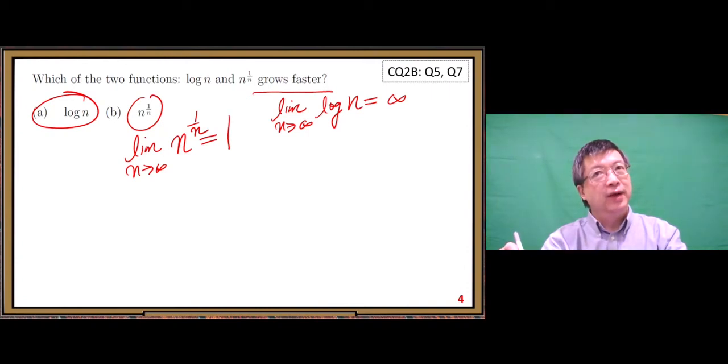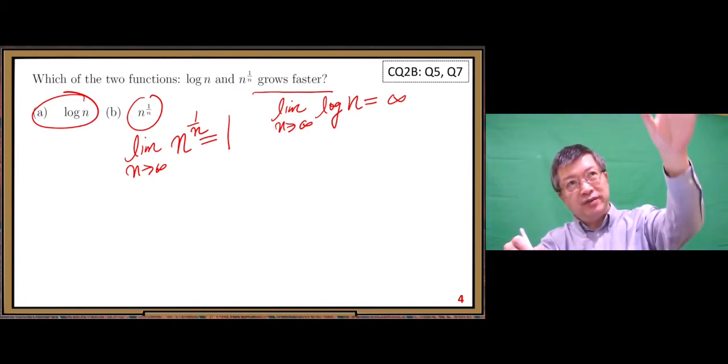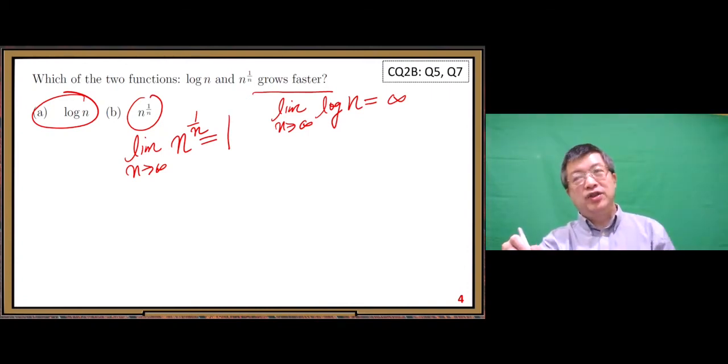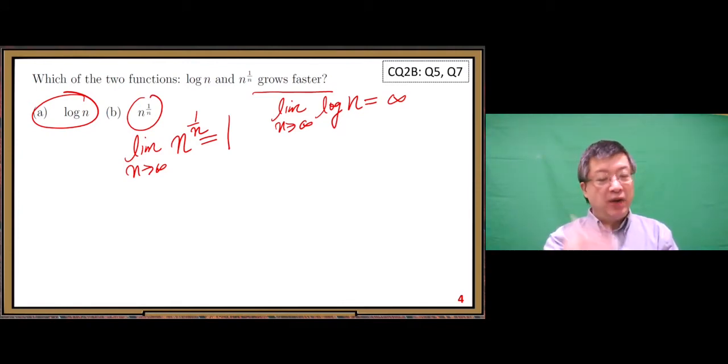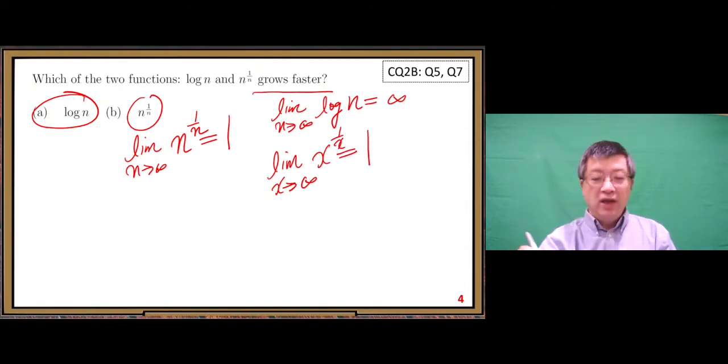If you look at your homework, question number 24, remember in my video I explained we can show it equals 1. We need to use L'Hopital's rule, so we use the continuous variable x. Remember how we showed it?